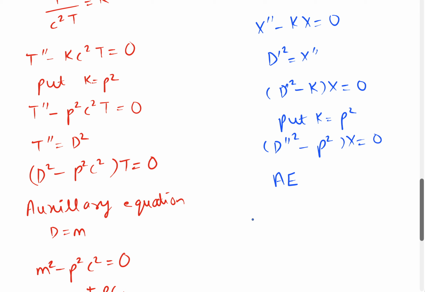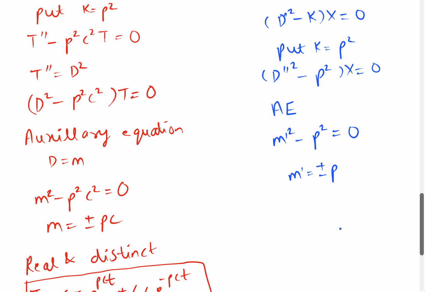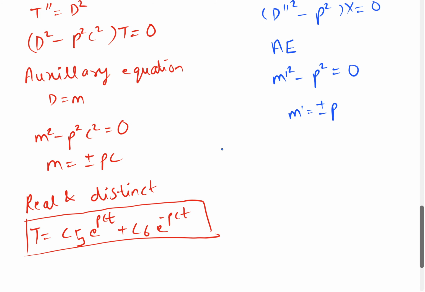So we can put, let's say, m dash square minus p square is equal to 0. m dash will be plus minus p. So these are our two roots, plus p and minus p, which means these are also real and distinct.